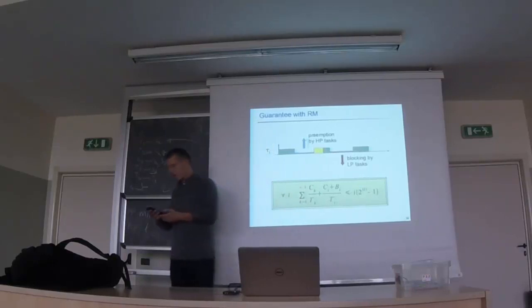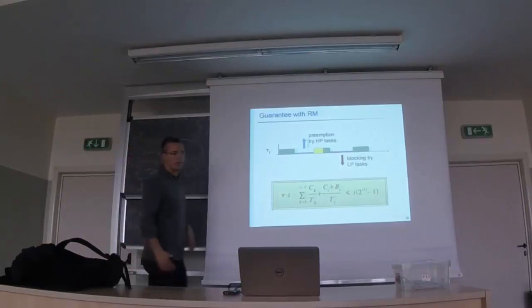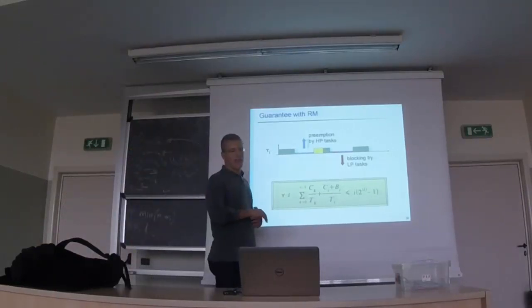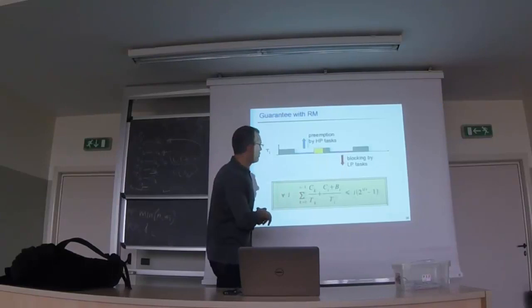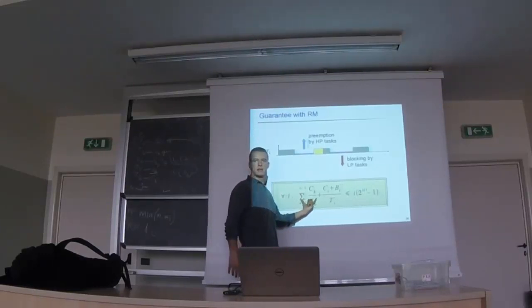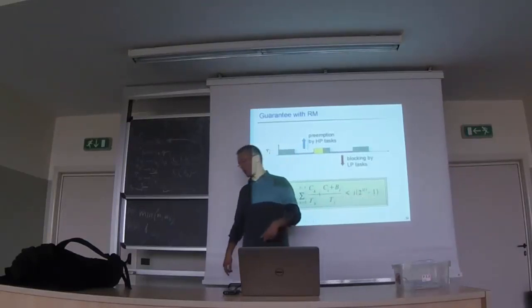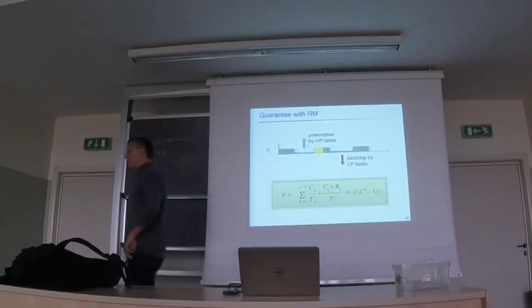So let's first check what happens with rate monotonic. We need to remember the utilization-based test by Liu and Layland, with the least upper bound on the utilization.